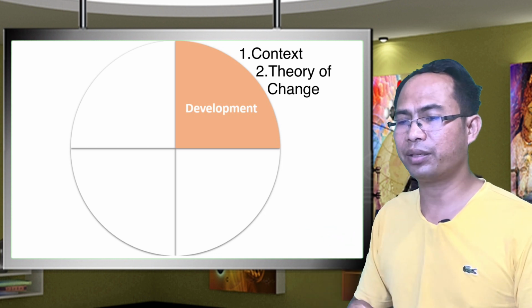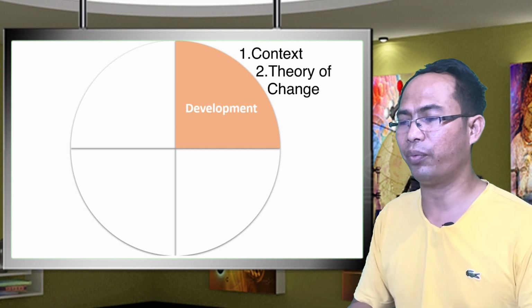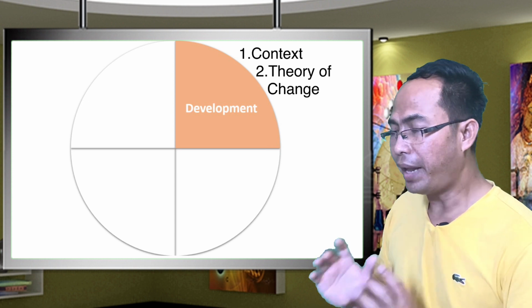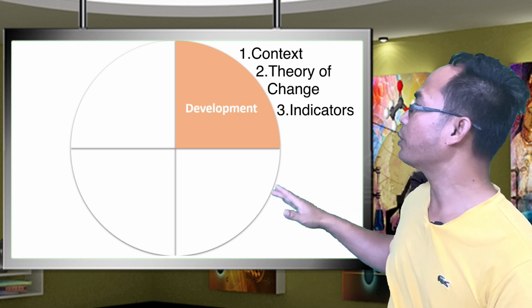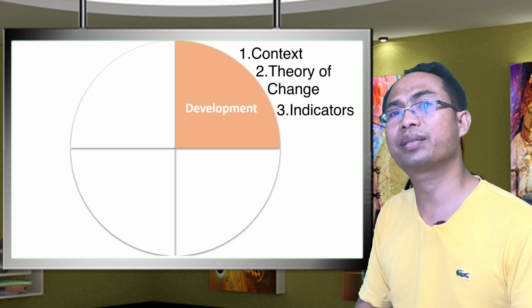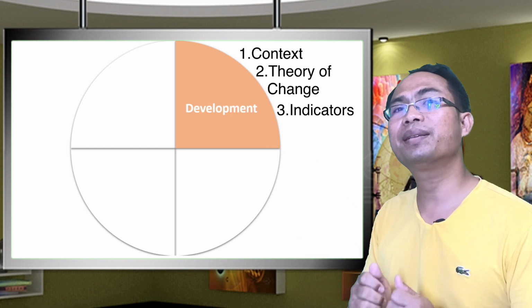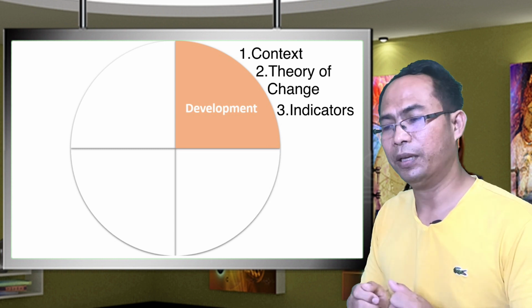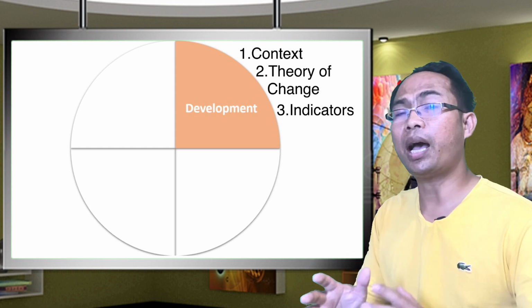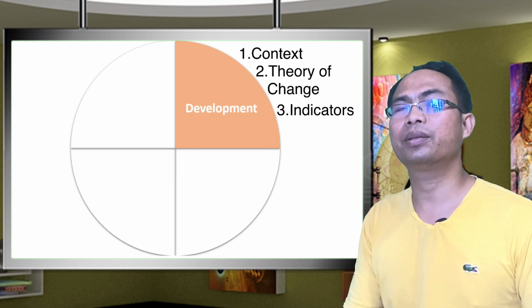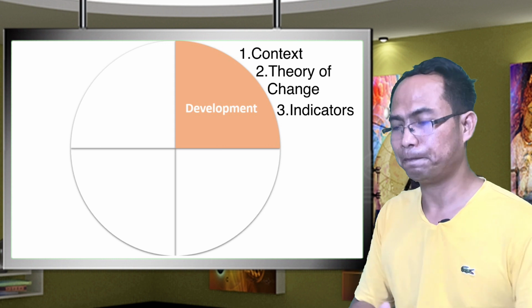Please visit my channel and find the video about the project theory of change. Next, during the proposal development, we also need to develop a list of indicators to measure the change that we would like to see and to track progress. I also have another video about indicator development that you can find on my channel.